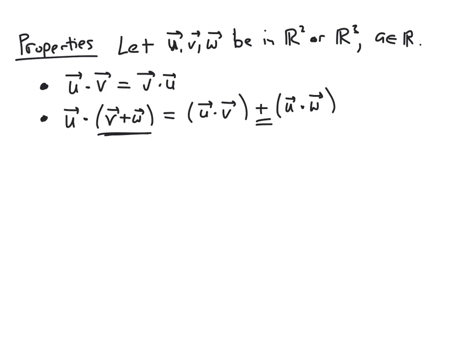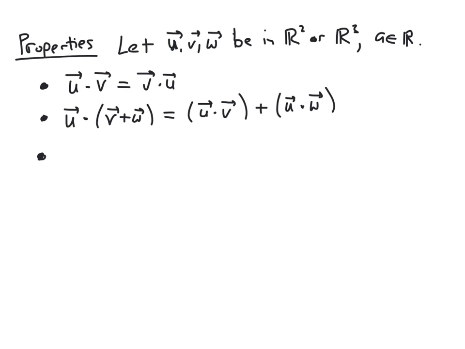And remember that u dot v and u dot w are actually real numbers. So over here, this addition is not vector addition, but rather real number addition. So while that doesn't make a difference in terms of how this plays out, a lot of times when we have problems with vectors, we have to keep in mind what's a vector and what is a scalar. And otherwise, we sometimes make some really silly mistakes where we might add a vector and a scalar together or something like that.